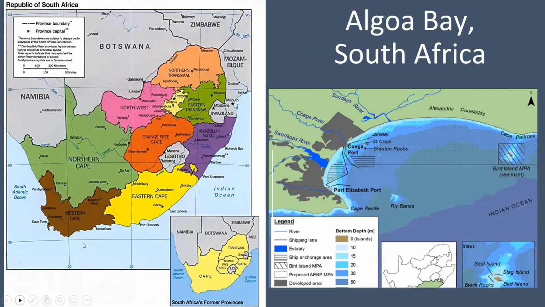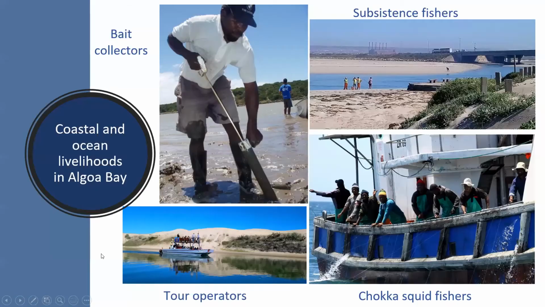In terms of the coastal livelihoods in Algoa Bay, there are quite a lot, but some of them that I've put here are bait collecting. We've got 2 main estuaries in Algoa Bay, the Swartkops and the Sundays. At the Swartkops estuary, a lot of people go there. This is also the Swartkops over here. A lot of people do bait collecting, and they sell the bait to fishermen.